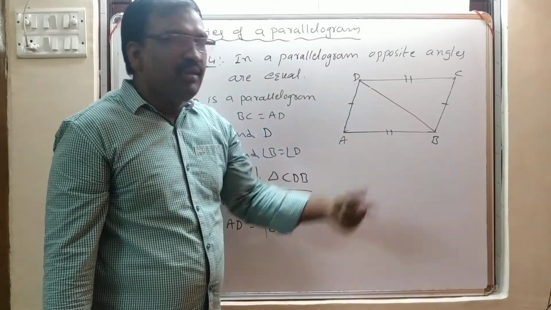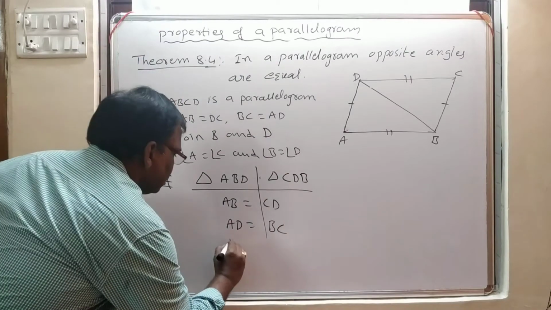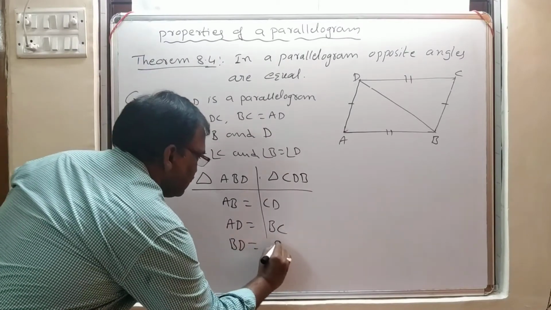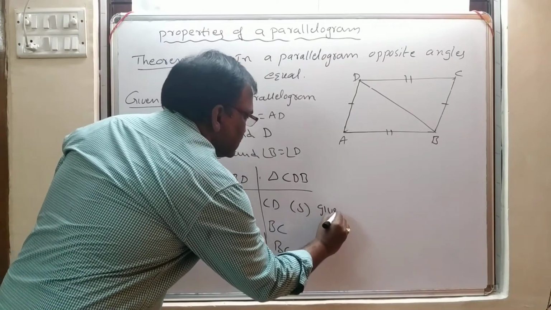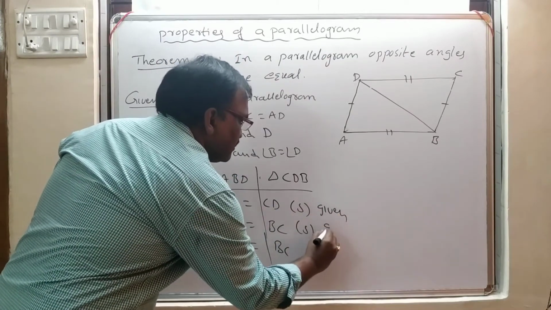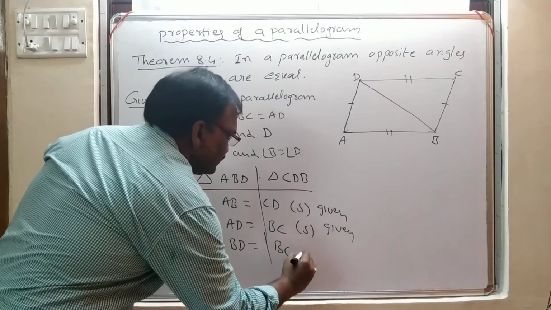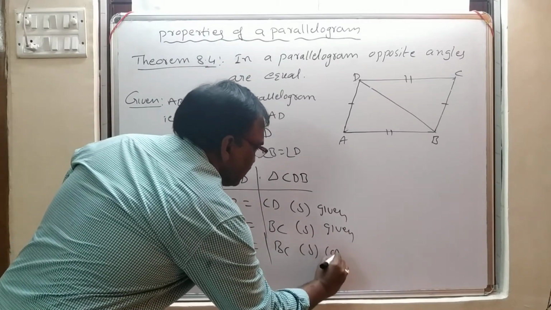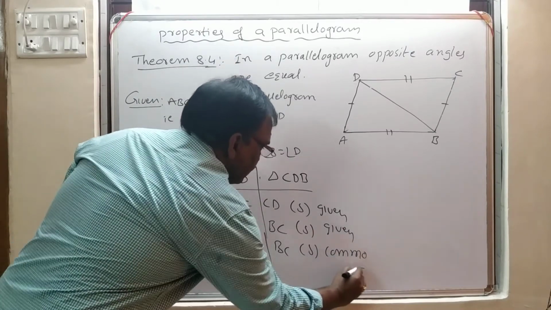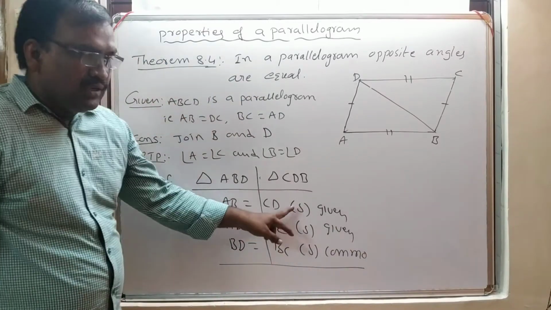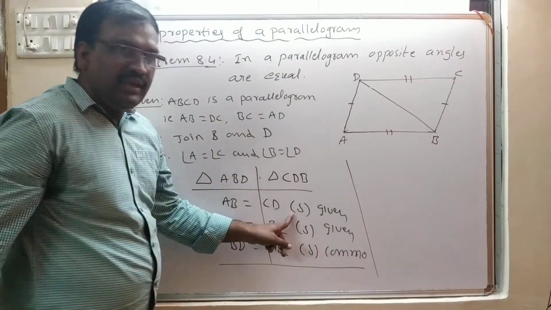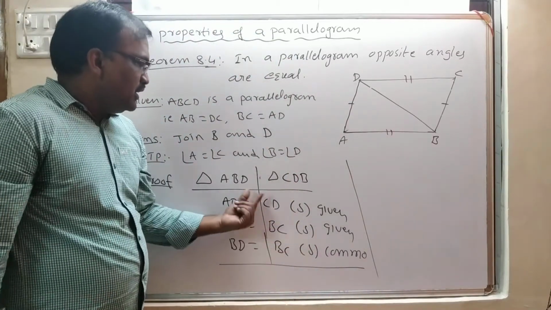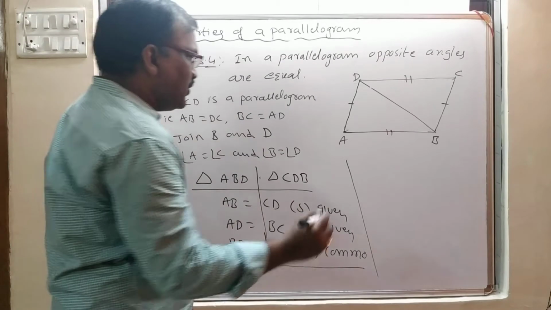This is a common side. AB equal to DC is given, AD equal to BC is given, and BD is common. So three sides are equal. So by SSS congruency rule, these two triangles are congruent.